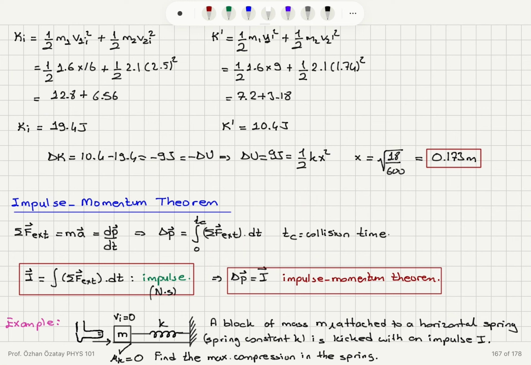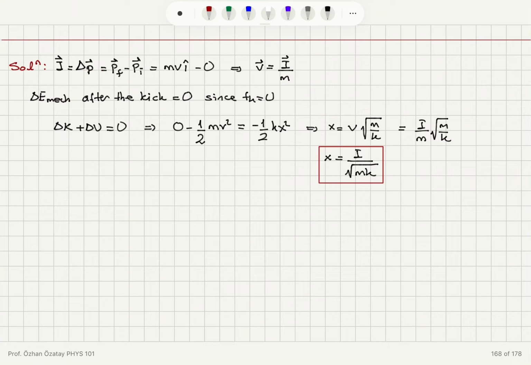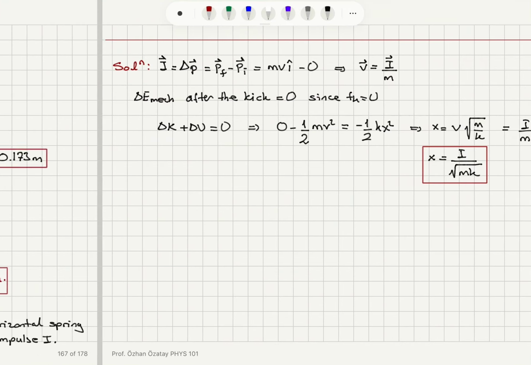So you can see that when I apply a force for a certain amount of time by kicking this mass, which is initially at rest on a horizontal surface where there is no friction, the impulse-momentum theorem tells me the impulse is equal to the change in linear momentum, so I gain a speed which is I over m.